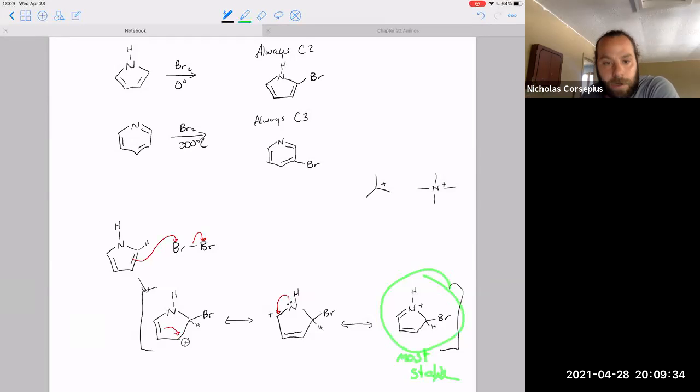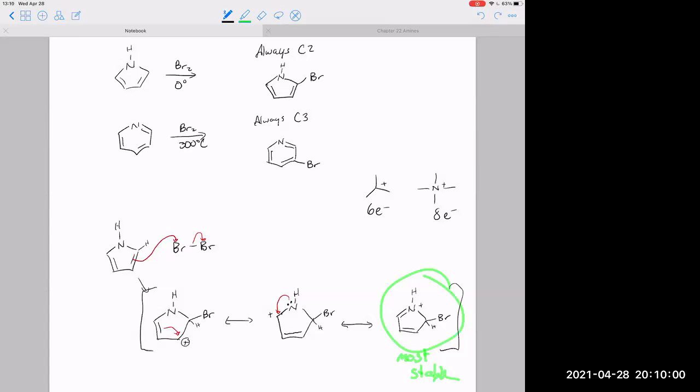In the carbocation, this carbon only has 6 electrons in its valence, whereas when nitrogen bears that positive charge, it has 8 electrons in its valence. So every single atom in this structure has a satisfied octet, which makes it very stable to bear that positive charge. Okay, that makes a lot of sense.